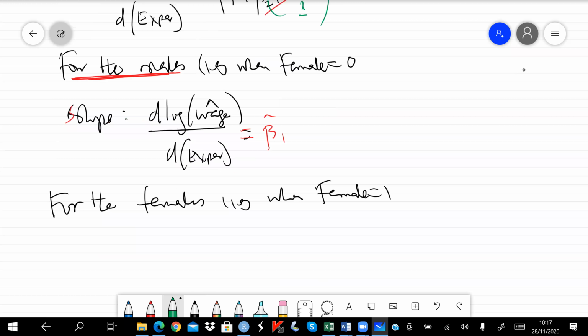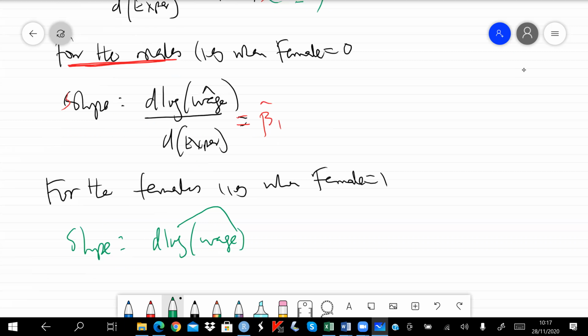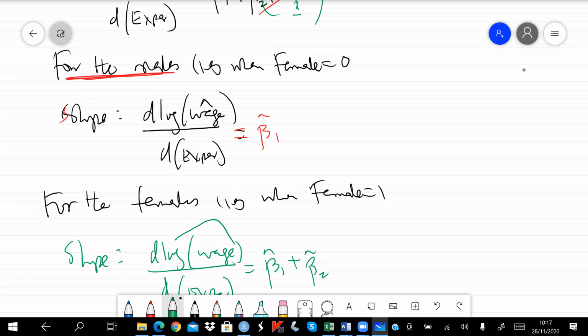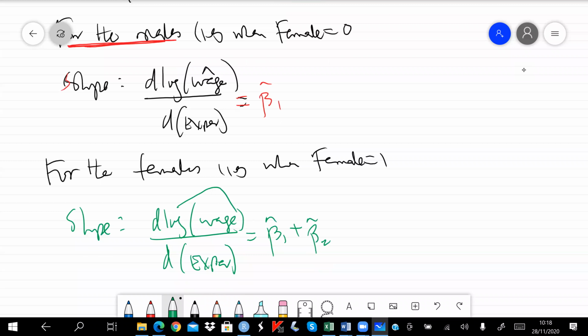Then we find that the slope will be given by d log of wage divided by d of experience is equal to beta 1 estimate plus beta 2 estimate. So the slope for the females is given by beta 1 plus beta 2.